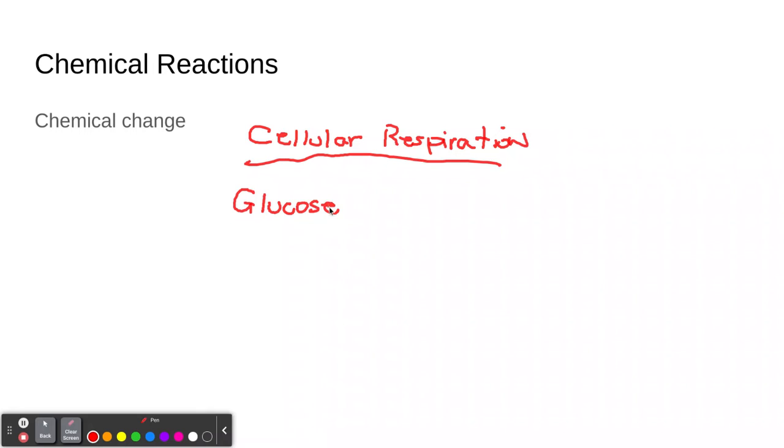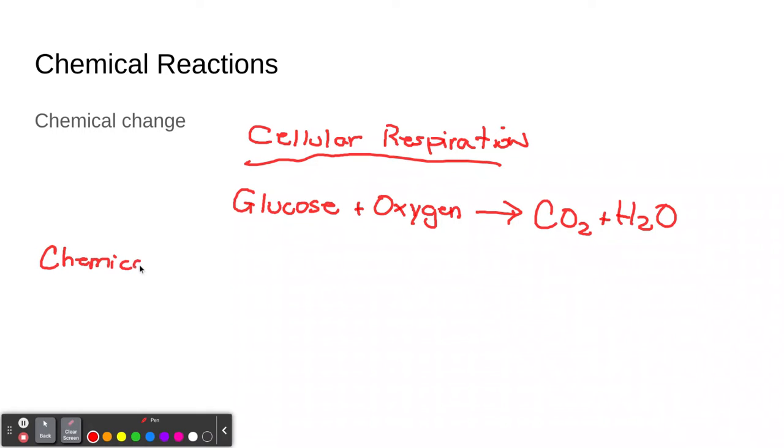We talked about this in the other videos. Glucose plus oxygen in cellular respiration will produce CO2, which is carbon dioxide. Because remember, we take in oxygen, but we exhale carbon dioxide. We also exhale water. So let's look at this chemical equation.